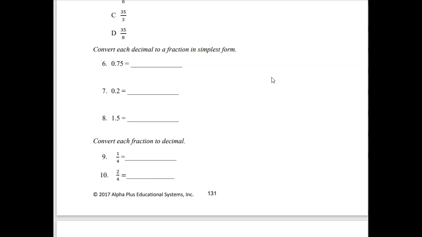So some of those, I would just memorize them because it's going to make life easier. But if you don't know what 0.75 is, 75 hundredths, that's how we need to write it, right? Then you need to figure it out. So we have 75 hundredths. Okay, so that is a fraction, but it needs to be in simplest form.